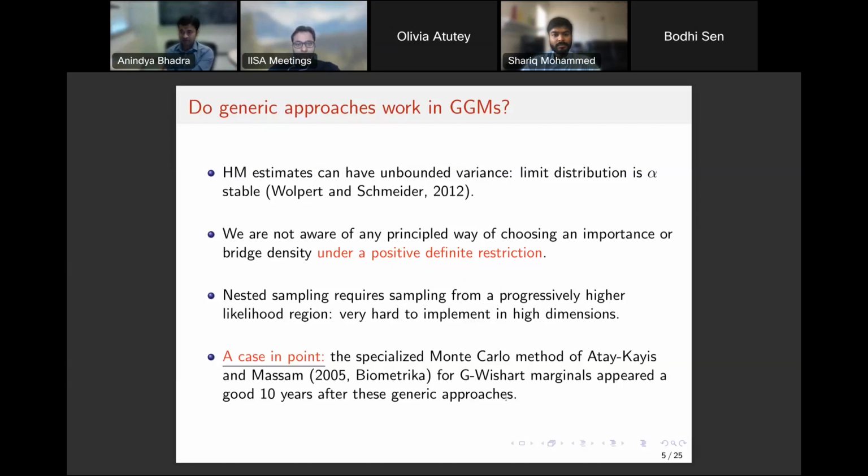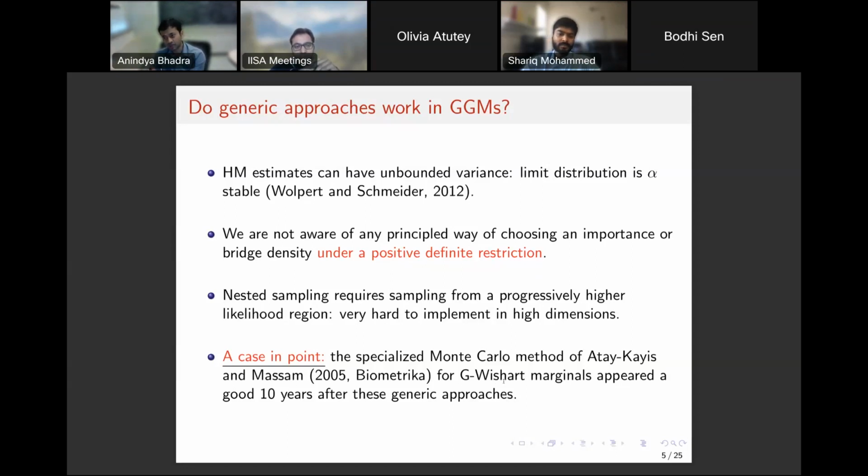A case in point, and this is not a proof, I just want to make this point: there exists a specialized Monte Carlo method by Atay-Kayis and Massam, a 2005 Biometrika paper, for computing evidence or marginal likelihood under the G-Wishart prior. It appeared about a good ten years after generic approaches such as the harmonic mean estimate, bridge sampling and path sampling, most of which appeared in the mid-90s.